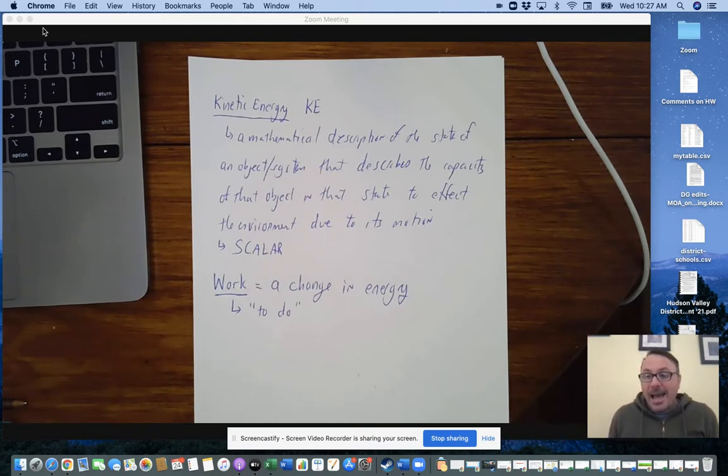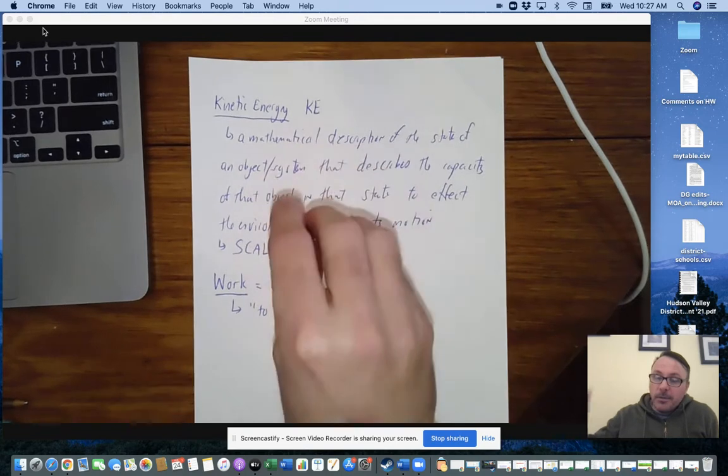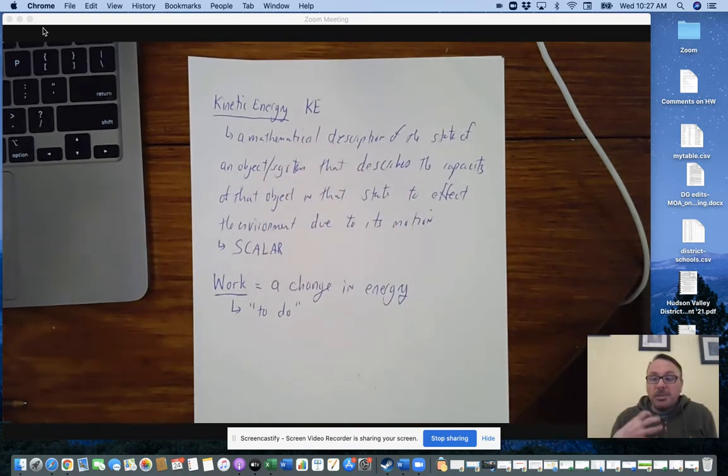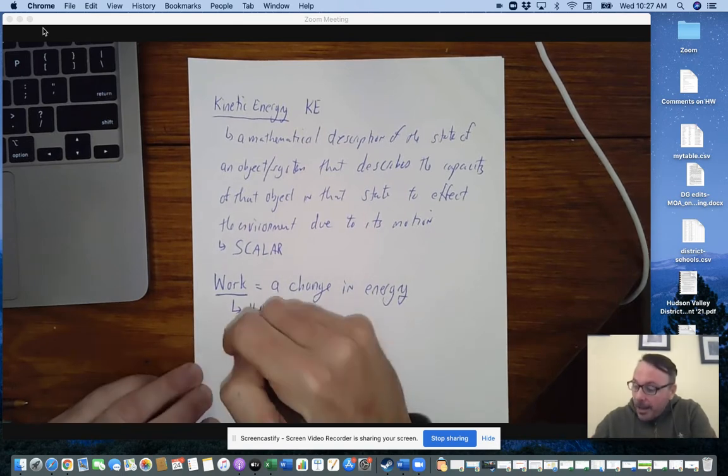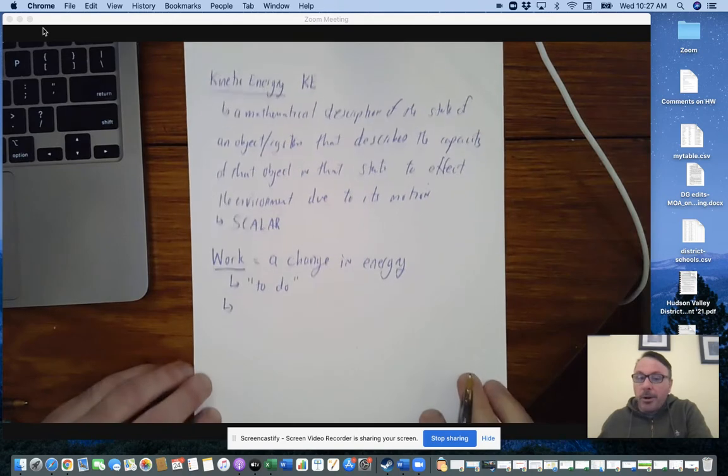So work is the action that causes the state of the system to change. And the specific way it's changing is it's changing its energy state, right? There's lots of different ways objects can change or systems can change, but here we're talking specifically about a change in energy.